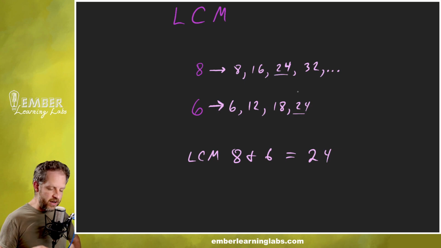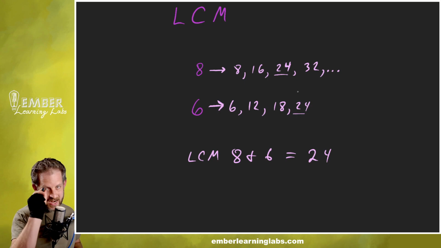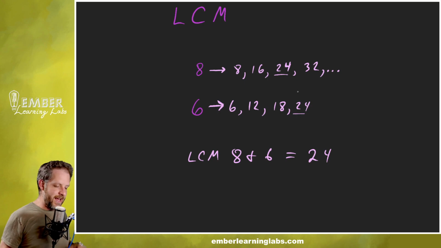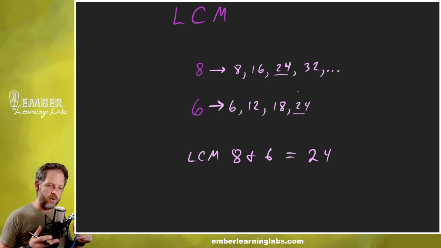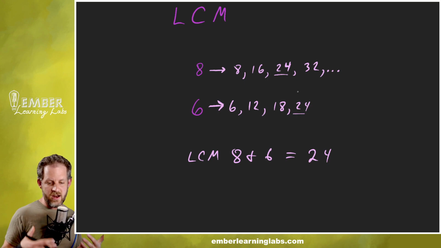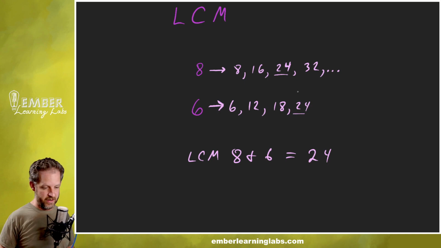So we're going to sneak one more tiny thing into this video. We're going to think about where this is headed and what we're going to do with this knowledge: we're going to use it to find common denominators between fractions.